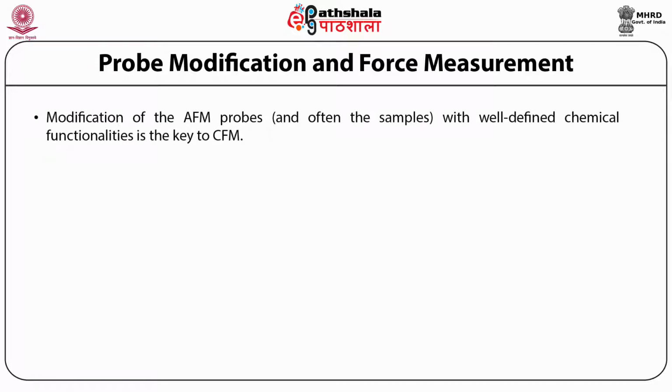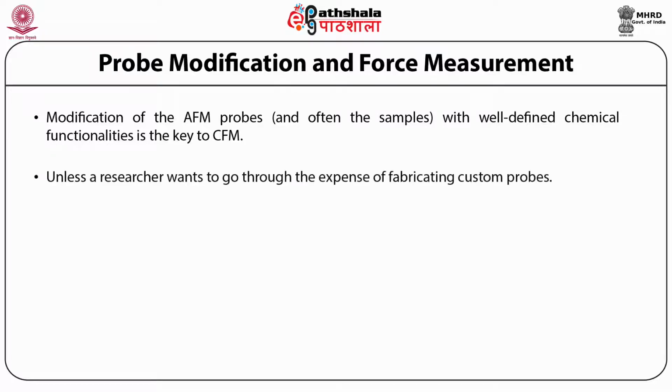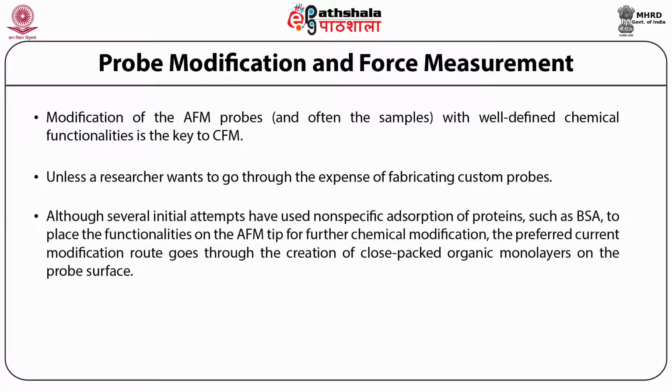Modification of the AFM probes and often the samples with well-defined chemical functionalities is the key to CFM. Unless a researcher wants to go through the expense of fabricating custom probes, it can be done another way also. Although several initial attempts used non-specific adsorption of proteins, such as BSA, to place functionalities on the AFM tip for further chemical modifications, the preferred current modification route goes through creation of a close-packed organic monolayer on the probe surface.